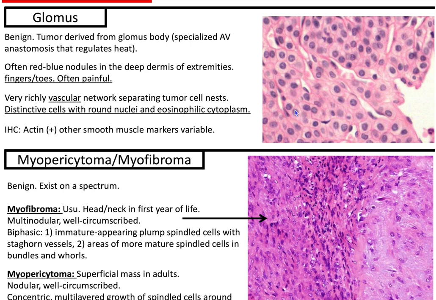It's often painful, and it has a very rich vascular network separating tumor cell nests, and you'll have those kind of distinctive epithelioid copy-paste cells together. It will be actin positive, and if you have more vessels than cells, it can be called a glomangioma as well.